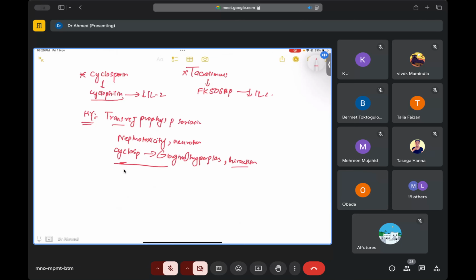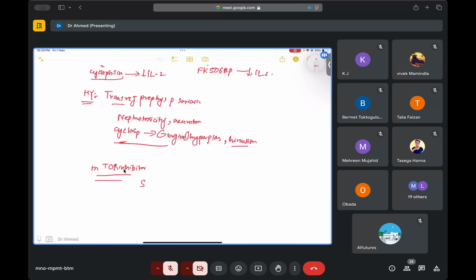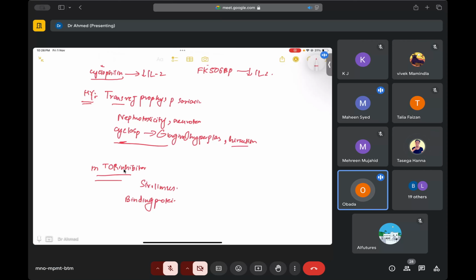Okay, so then we have mTOR inhibitors. The mTOR inhibitor is basically your sirolimus. And what's the name of their binding protein? FKBP. Okay, FK and BP.